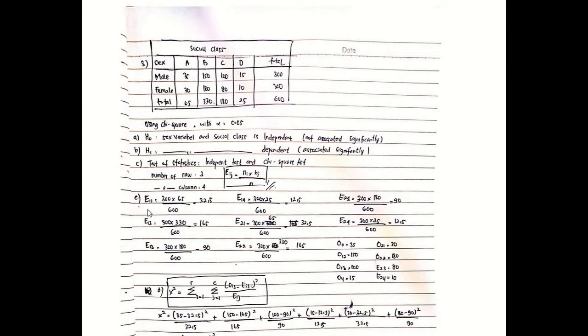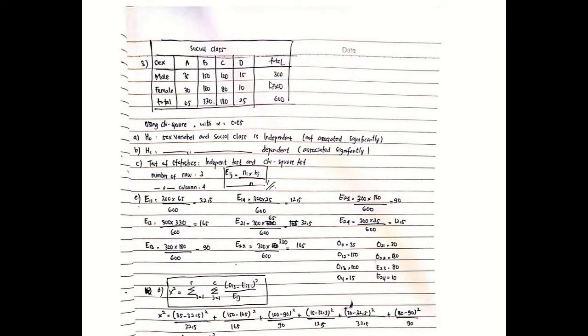So first is E11 equals 300 times 65 divided by 600. We get the numbers from here: 300 times 65 divided by 600. And we get E12 is 300 times 330 divided by 600.